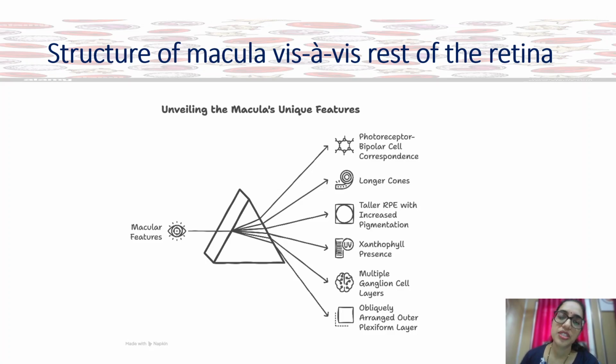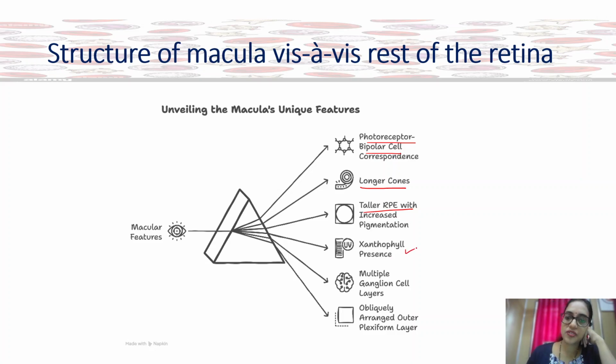Coming to the structure of the macula, when compared to the rest of the retina, we know that the macula has more cones. The cones present here are longer, and the photoreceptor to bipolar cell correspondence is more one-to-one. The RPE cells are taller, and there is increased pigmentation.